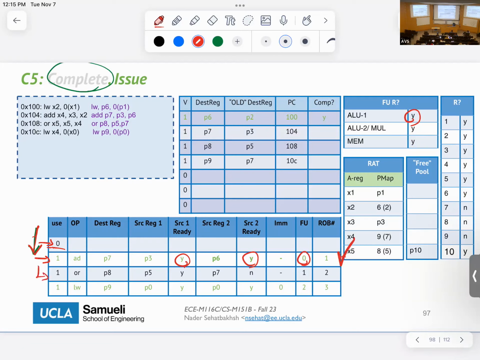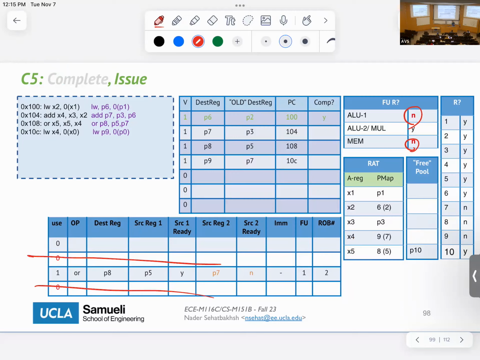Go to the next one and see yes, and then see no, so I cannot issue this one. Then go to this one and see yes, yes, and 2, and then 2 is also yes. So I'm going to issue the add instruction and load instruction at the same time to my functional units. Of course, I need to mark these functional units as not ready anymore, but I get rid of these 2 lines from my reservation station, okay?